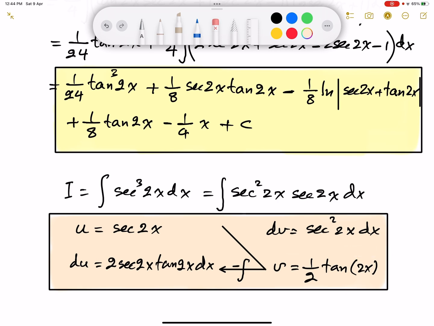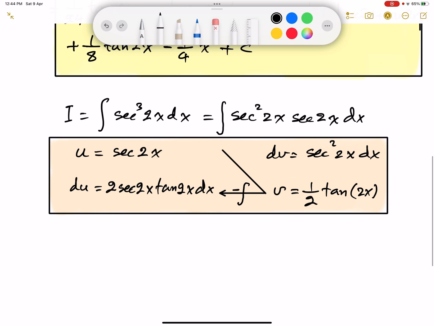So I is going to be equal to half secant twice x tangent twice x, and then minus the integration. The half is going to get cancelled with the 2, and we're going to be left with secant twice x, and the tangent is going to be squared.